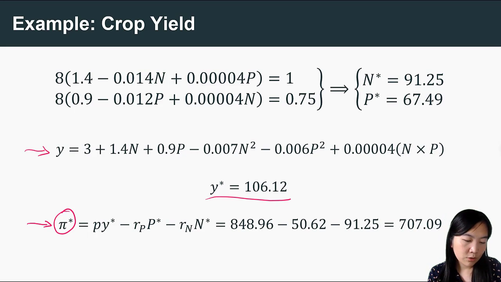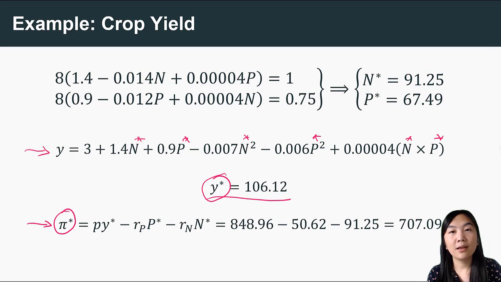So you put your optimal N and optimal P into your production function, and then you get this Y. Sorry, this is not the optimal Y; this is the output that will lead to maximized profit. And you can get your maximized profit, which is equal to this number here.